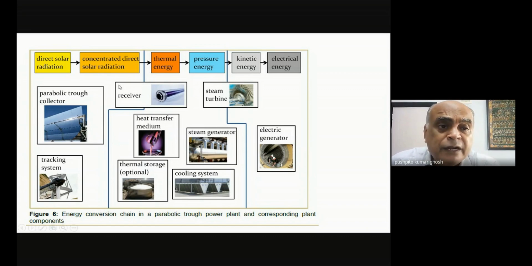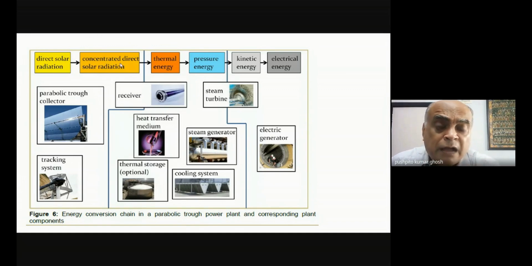Whichever it is, I have to have a parabolic trough collector, and the direct solar radiation is falling on that and becoming concentrated solar radiation. That's what we found because parabolas will always focus at a point.